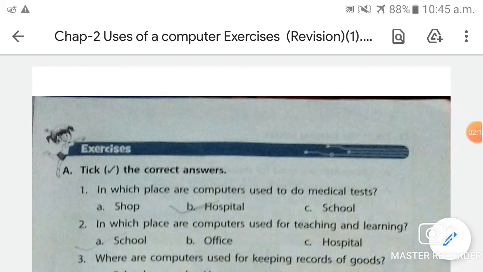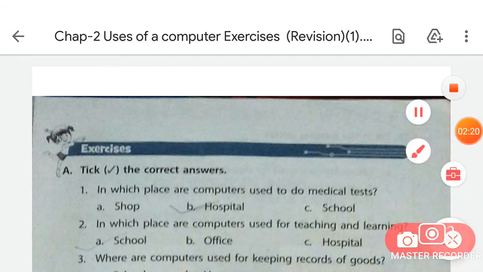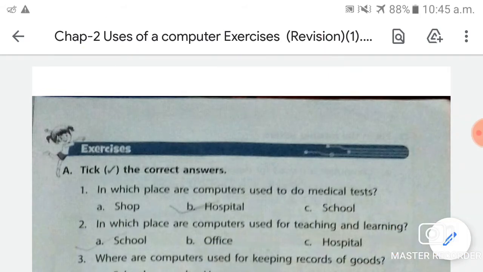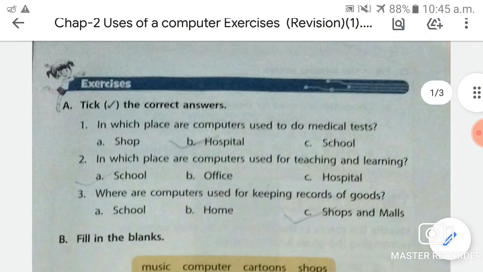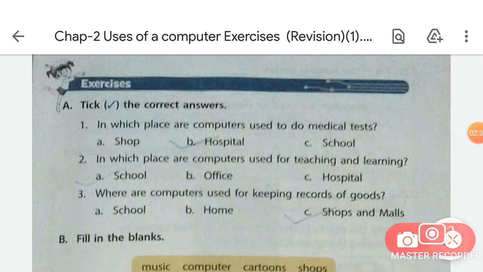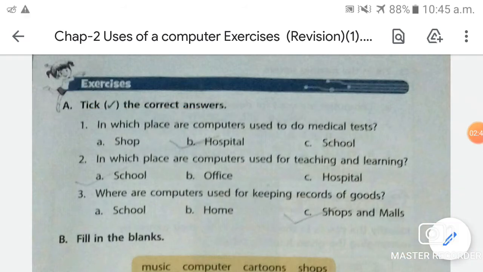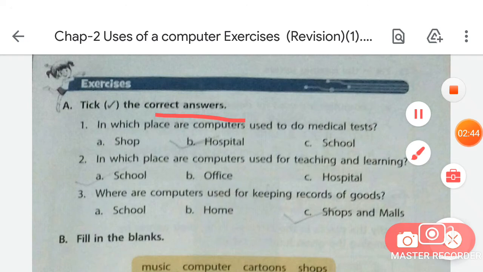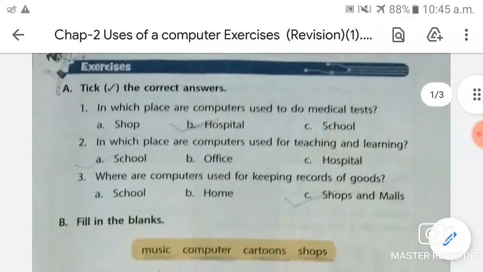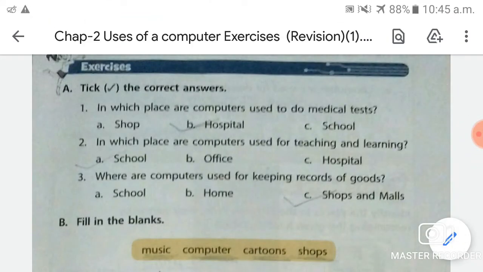Now what is our chapter name, students? Our chapter name is uses of a computer. Now here, the first exercise is exercise A, tick the correct answer. In this exercise you have to choose the correct option and tick it.